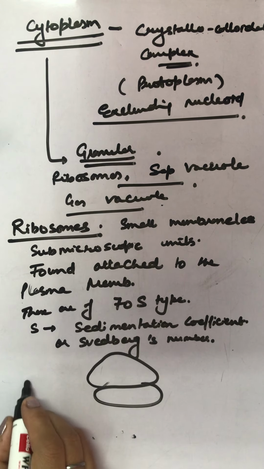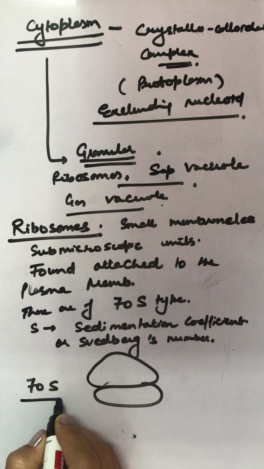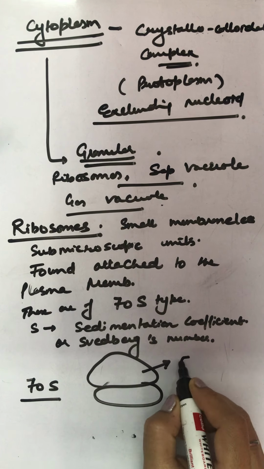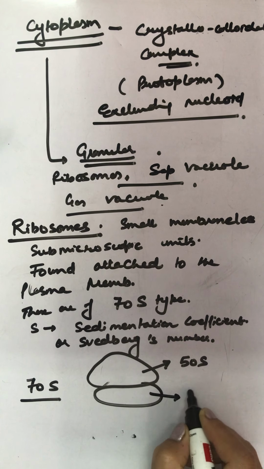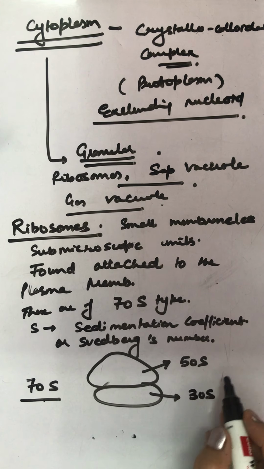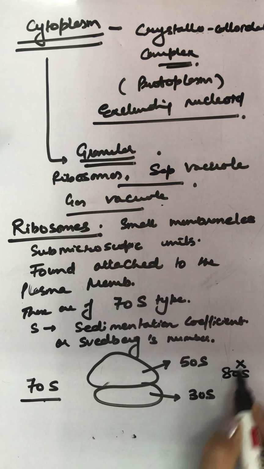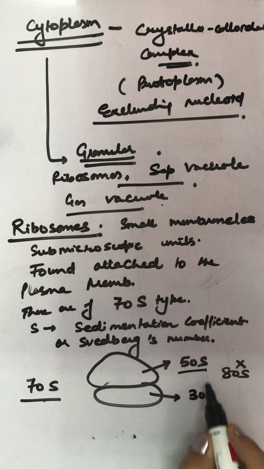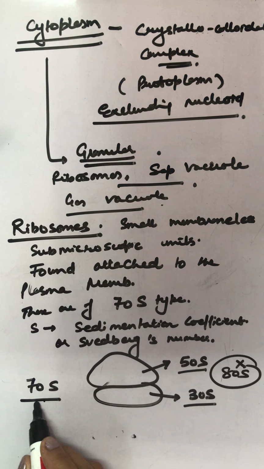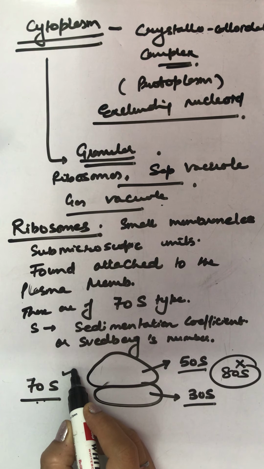When we say this is a 70S ribosome, it means its larger subunit is 50S and the smaller subunit is 30S. Together they make 70S, not 80S.